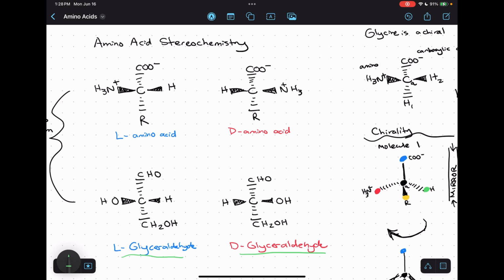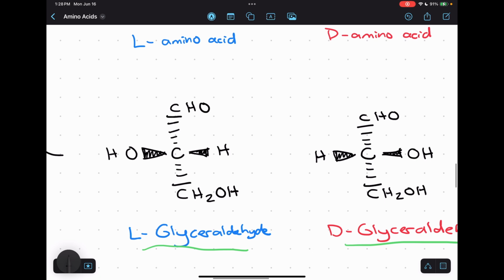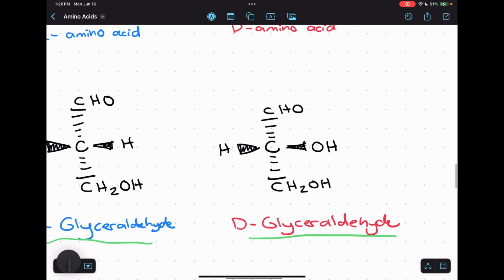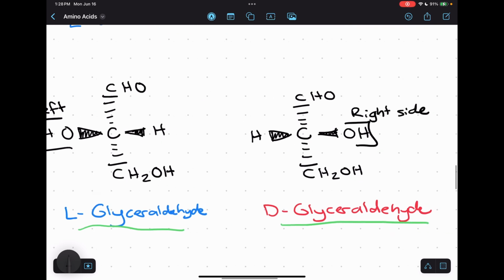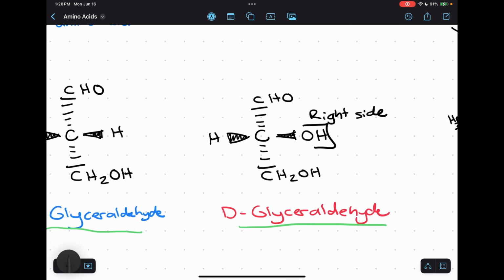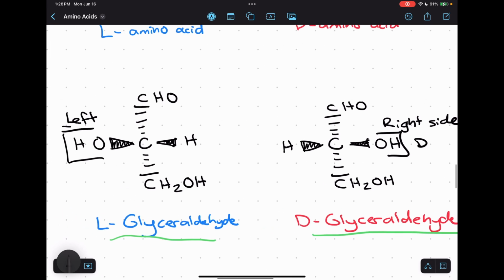In L-glyceraldehyde, when we line up the structure in the way right here, we can see that the hydroxyl group is on the left side. And then in D-glyceraldehyde, we can see that the hydroxyl group is on the right side. For L-glyceraldehyde, we just get that L from the left, and it's D-glyceraldehyde when it's on the right side.